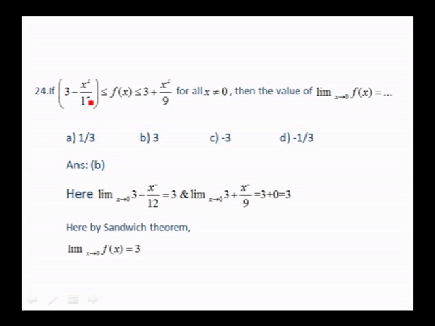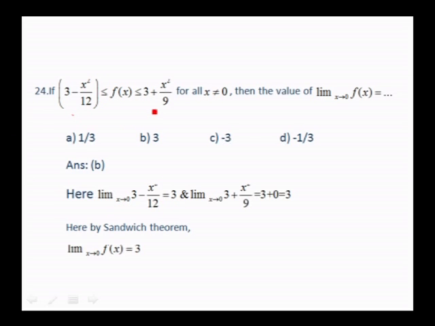See, you have got a special problem here. 3 - x²/12 less than or equal to fx less than or equal to 3 + x²/9 for all x not equal to 0. Then the value of limit of fx as x tends to 0 is equal to. So now, if you consider limit of this 3 - x²/12 as x tends to 0, it is 3.